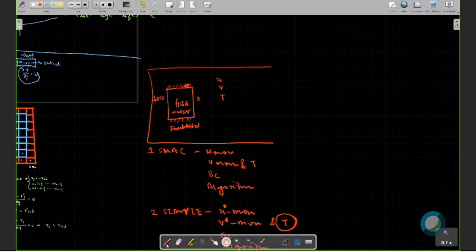Here you can say that this is the x direction, this is the y direction, and this length is 1 and this height is 1.